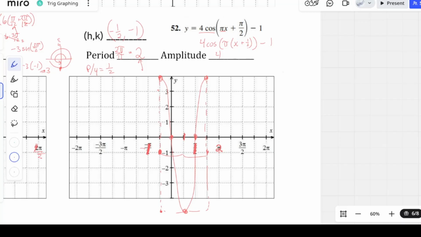It's a hard one, so I'll check a point. I'll check this point right here, 1.5 or 3/2 on a 4. Put that in. Goes 3/2 pi plus pi over 2. Is that 5? 4 pi over 2. 2 pi.